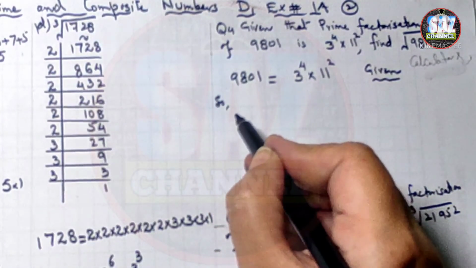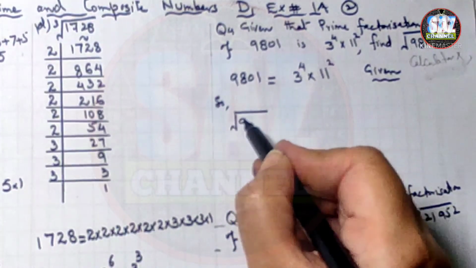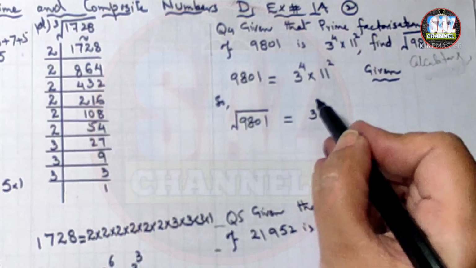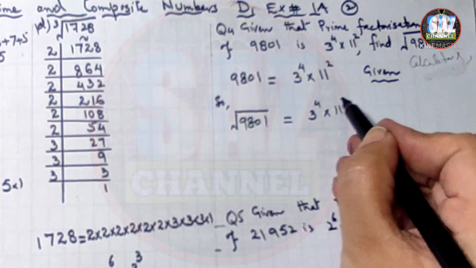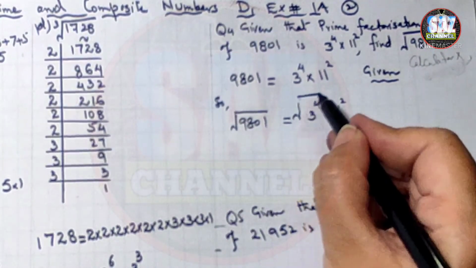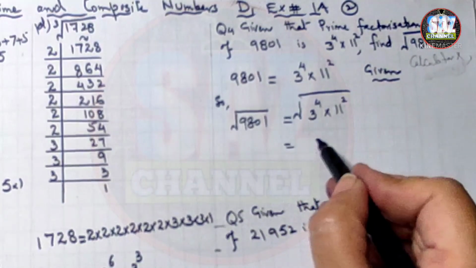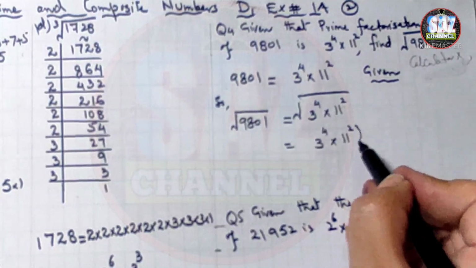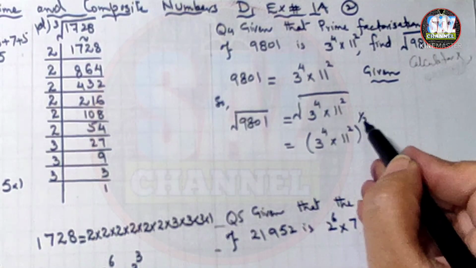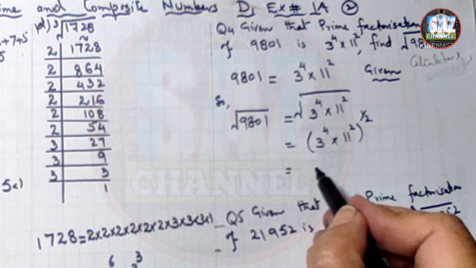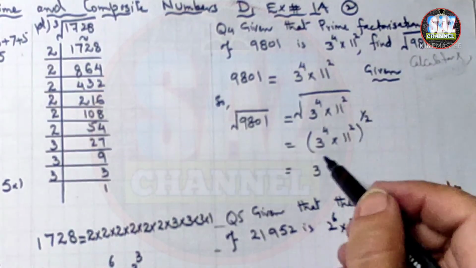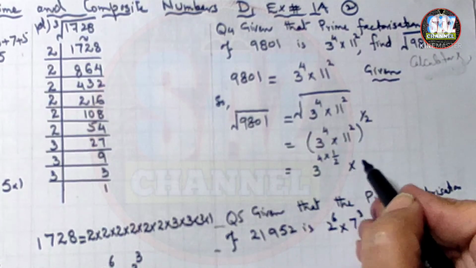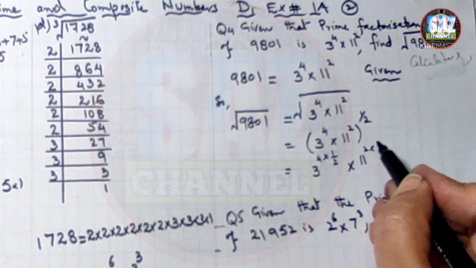So the square root of 9801 equals, here again we have to put the symbol of the square root, and for calculation purposes we have to write the value of this symbol. Square root is 1 by 2, and now this 1 by 2 is the index of every factor inside the bracket: 3 raised to power 4 multiplied by 1 by 2, multiplied by 11 square multiplied by 1 by 2.